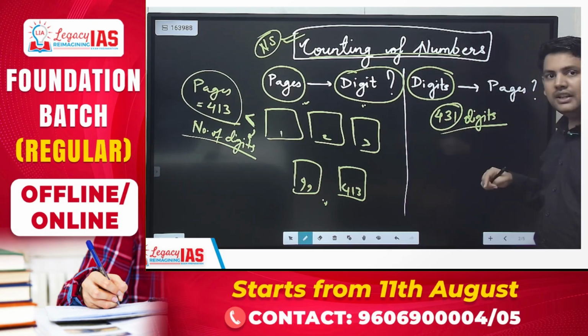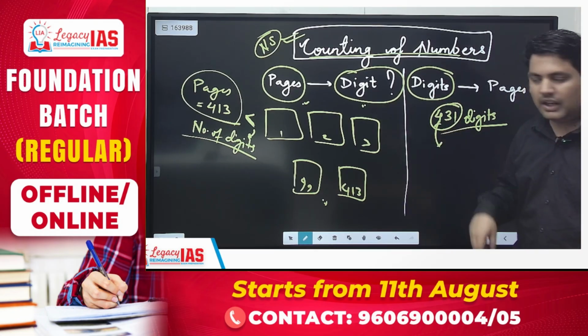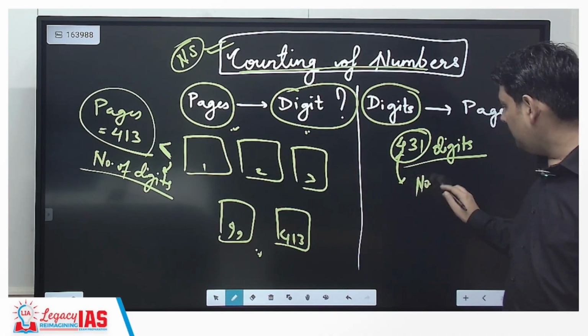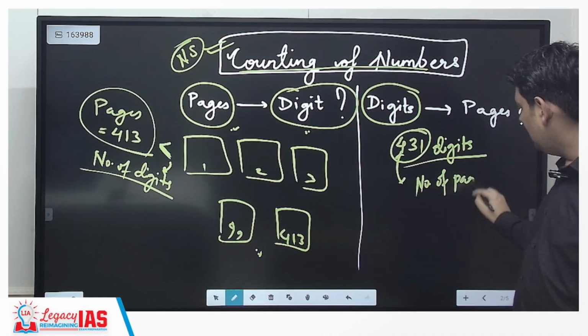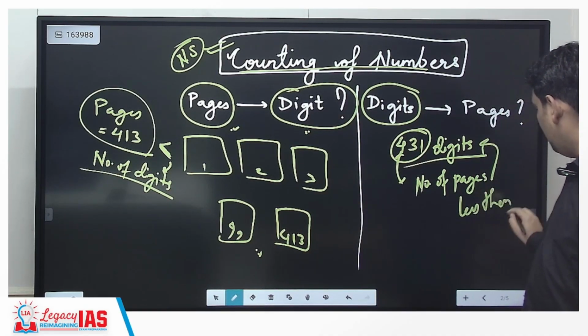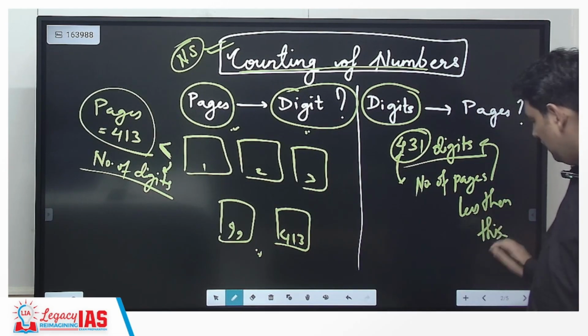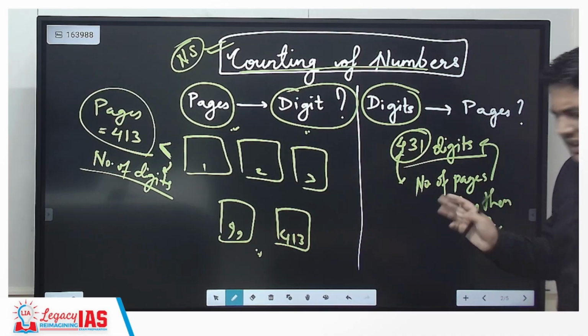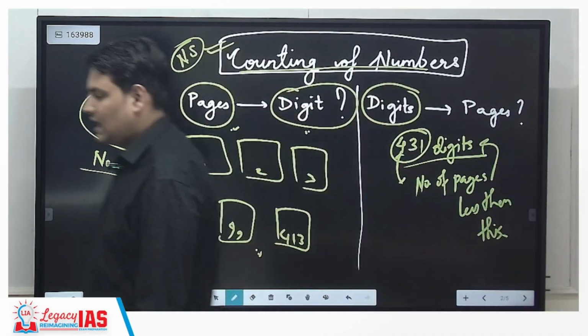Then you need to find the number of pages of the book by intuition only, because in some cases you would need to type two or three digits. Correct? So the number of pages would be something less than this. This much you understand? So number of pages would be something less than this. These are the two basic types.